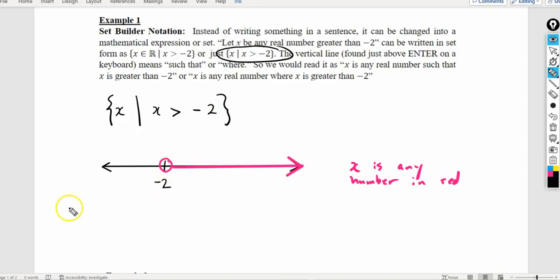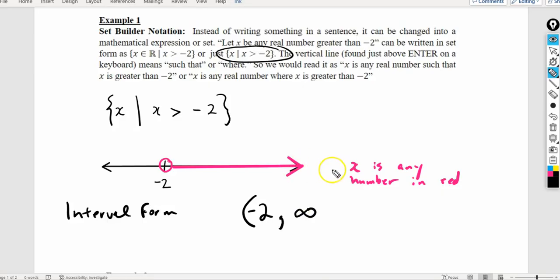Now, in interval form, you look at the number line and read it off from left to right. So where are we going to start? We're going to start at -2, but as you can see, -2 is not included, so we will use a parenthesis. And then we look at the red line, and it is unbroken and continues on its way forever.